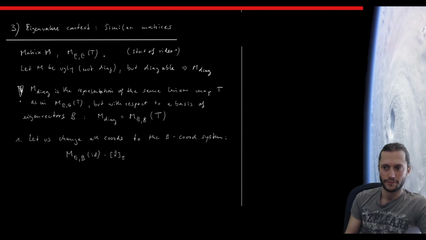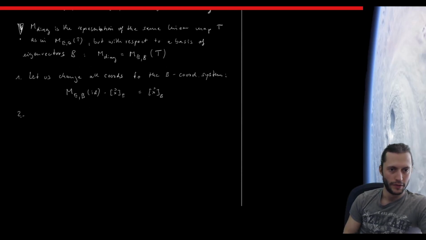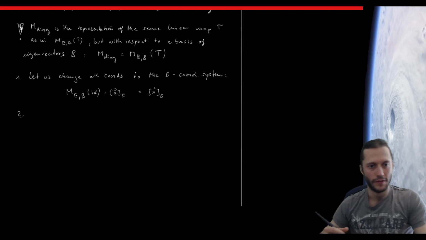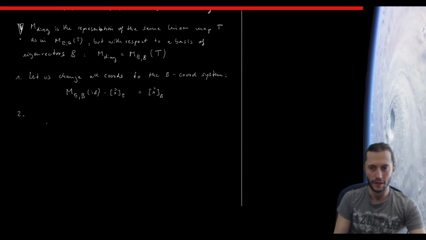And then you get the x_B coordinates. These ones we can put into M_BB. Once we transform the coordinates into a system which fits to the diagonal matrix, we can apply this one.